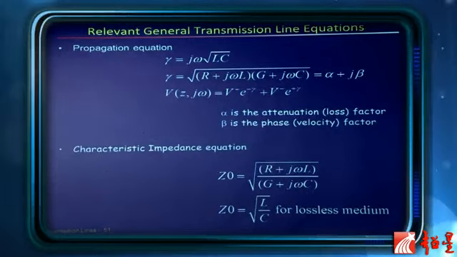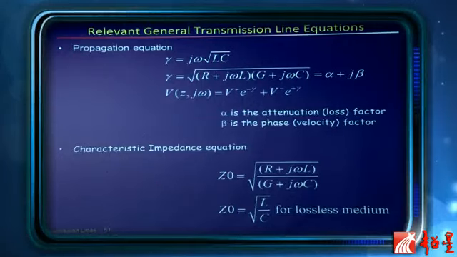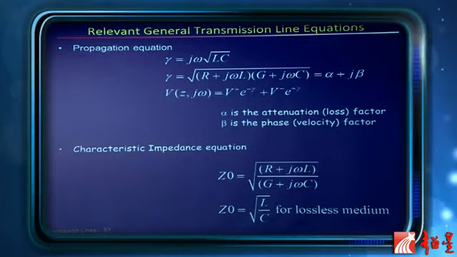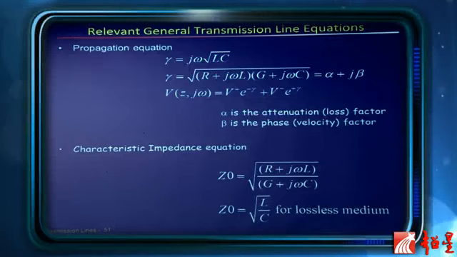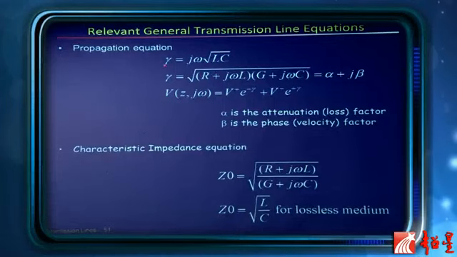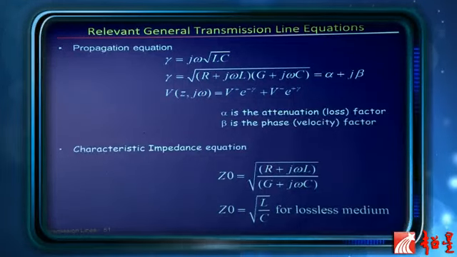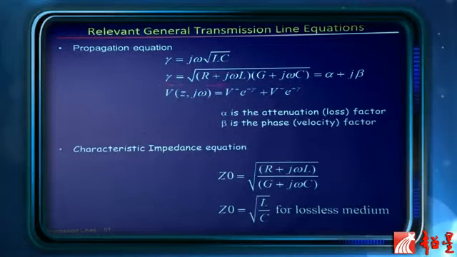All right. I'm not going to talk about this. I put this together for more or less completeness. Okay. In general, the wave propagation constant gamma, if you add resistance and conductance, then it's a very complex formula.